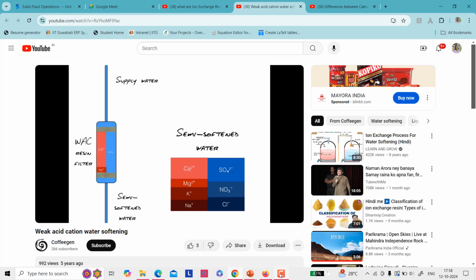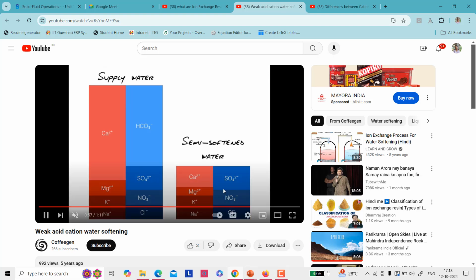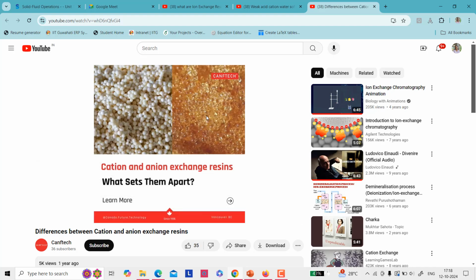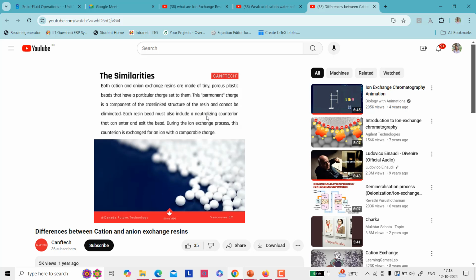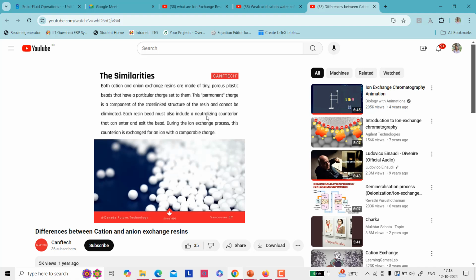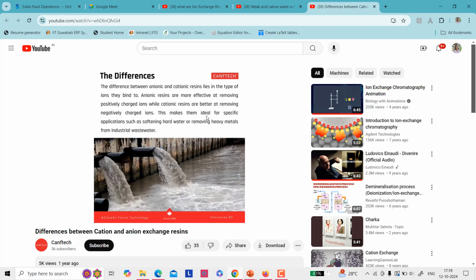Here it is also telling about the differences between cation and anion exchange resins. Anion resins are more effective at removing positively charged ions, while the opposite happens in case of cation exchange resins. So these are four types of cation and anion exchange resins, right? So you will go through the videos. Videos will be there in the notes.